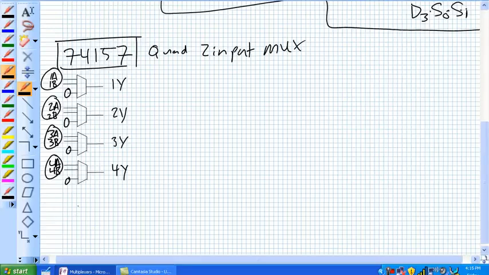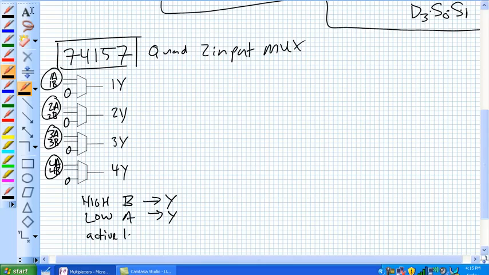For a high on that single data select, the B inputs go to Y. Low, A goes to Y. Now there's also an active low enable, and basically, when 0, the chip is enabled. When 1, it's disabled. Okay.